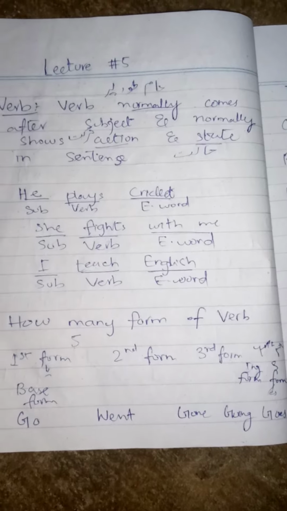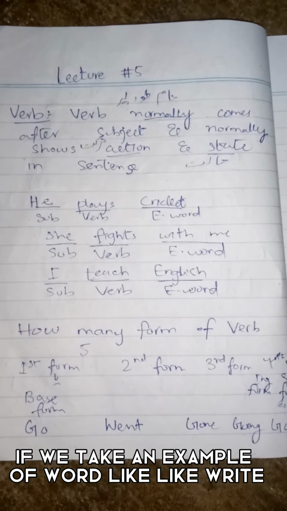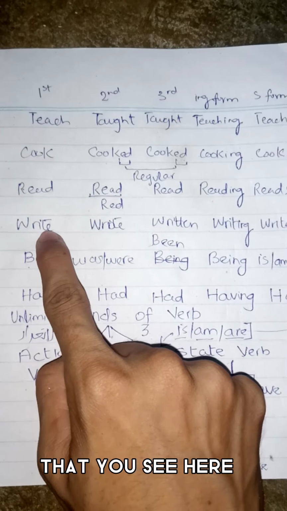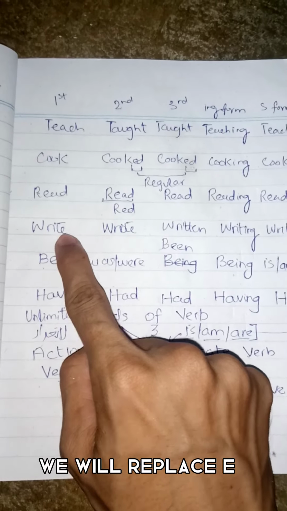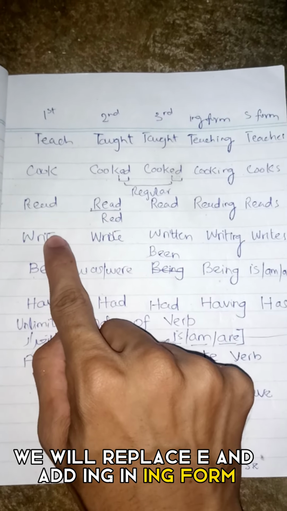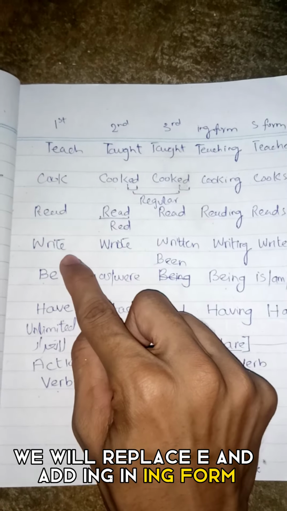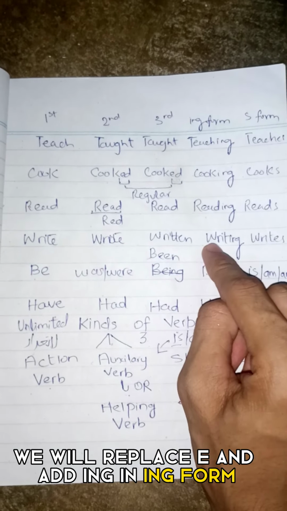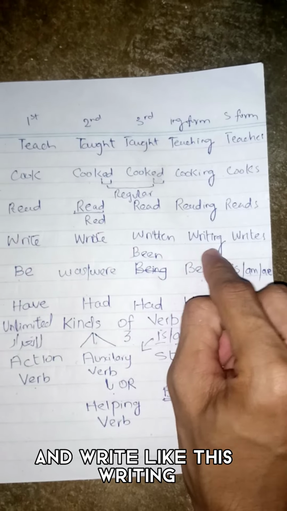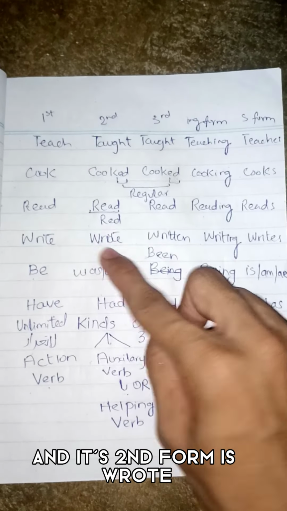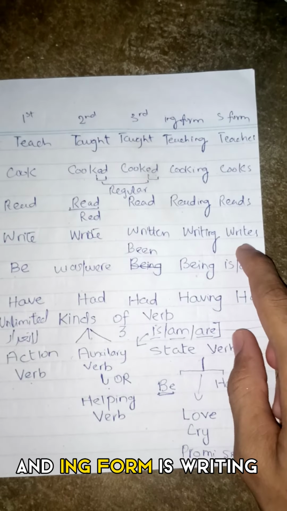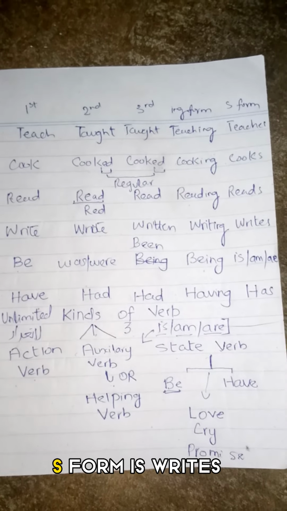If we take an example of the word write, we will replace e and add ing in the ing form, writing. Its second form is wrote, third form is written, the ing form is writing, and the s form is writes.